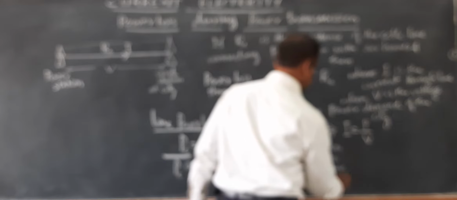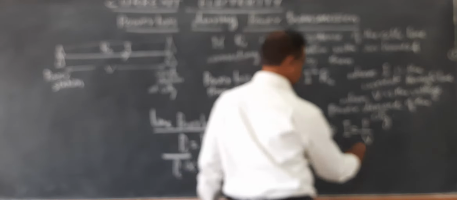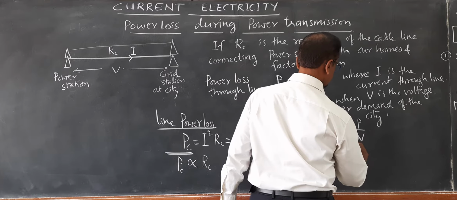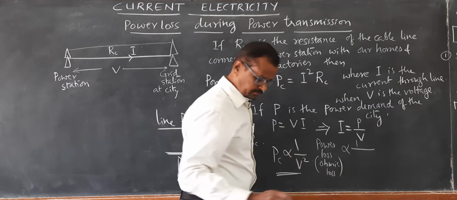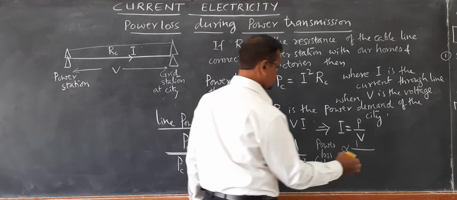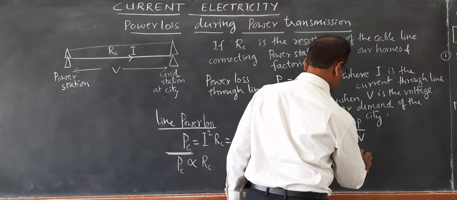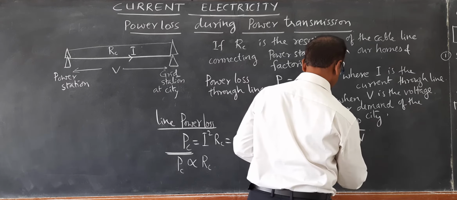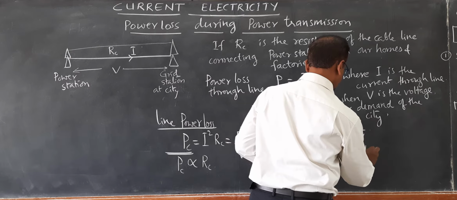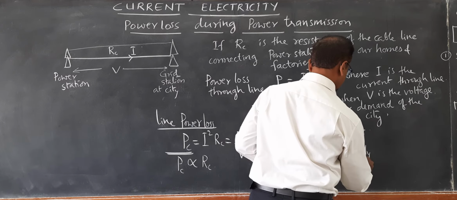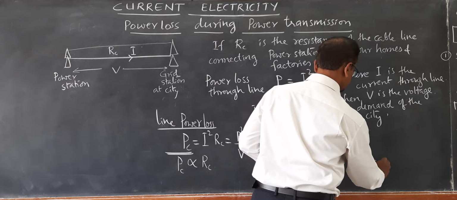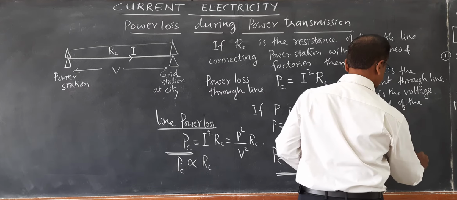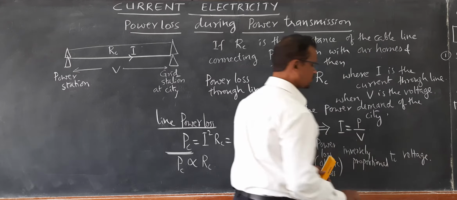Ohmic loss through the cable is inversely proportional to the square of the voltage. So you have got the option here.